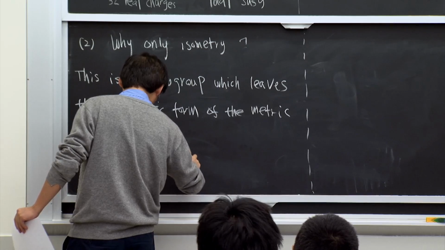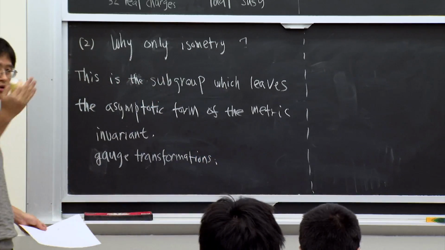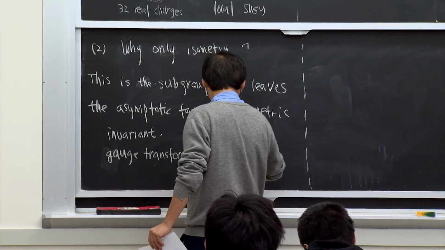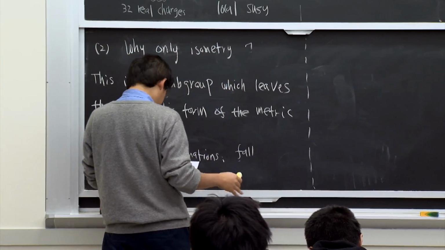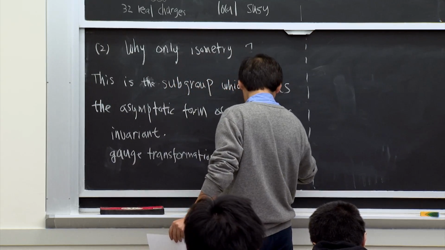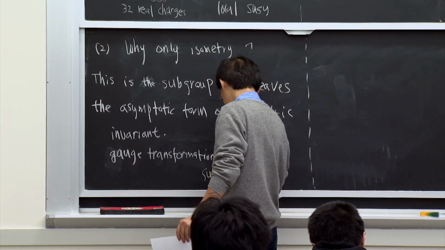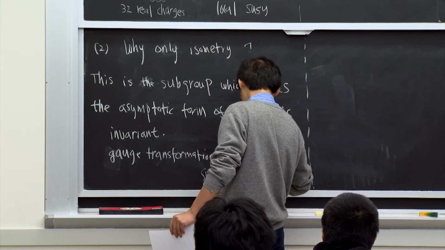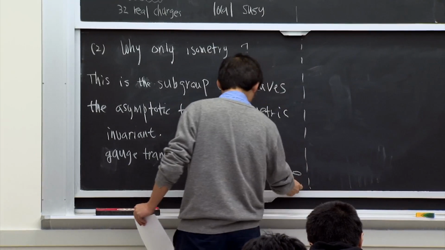When we talk about gauge transformations, say for example in QED or in QCD, we always take them to fall off sufficiently fast at infinity.